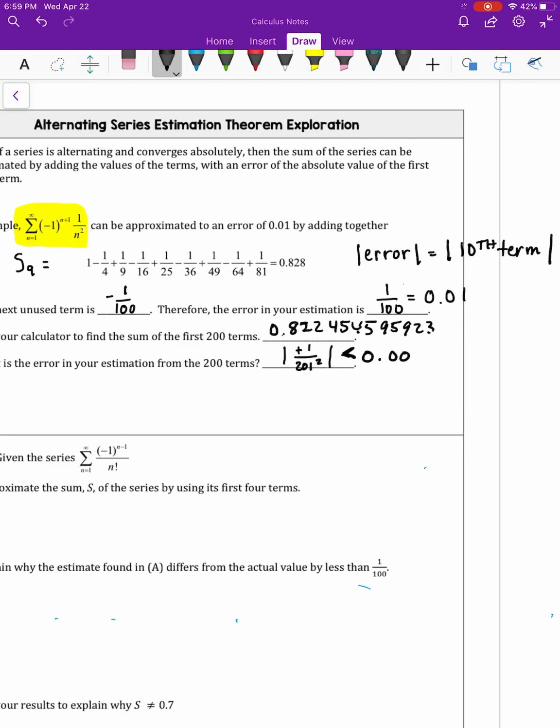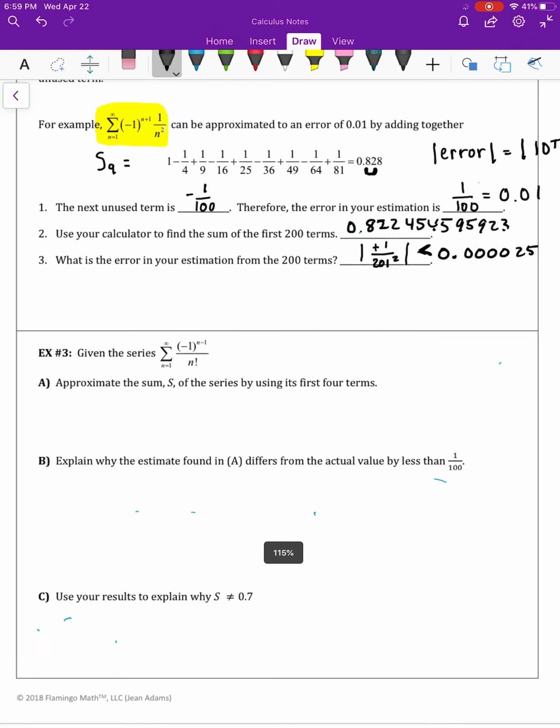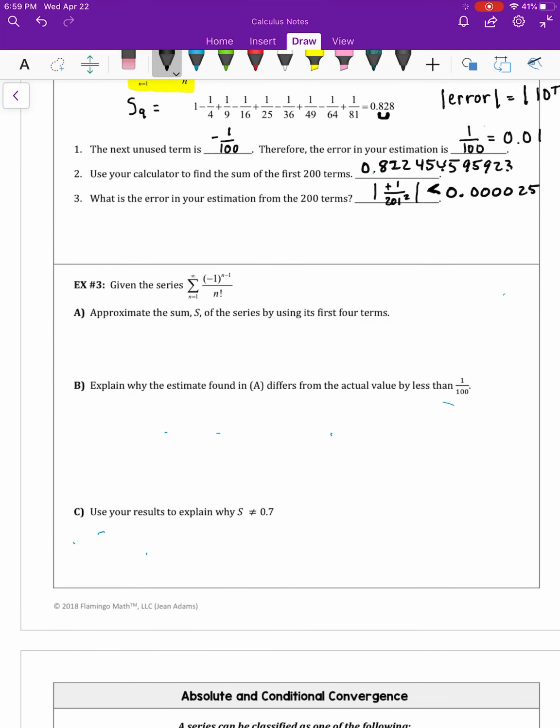So I'm looking at my 201st term, because remember it said the first unused term, so when you're truncating it, the first one that you would be chopping off. So this is less than 0.000025.